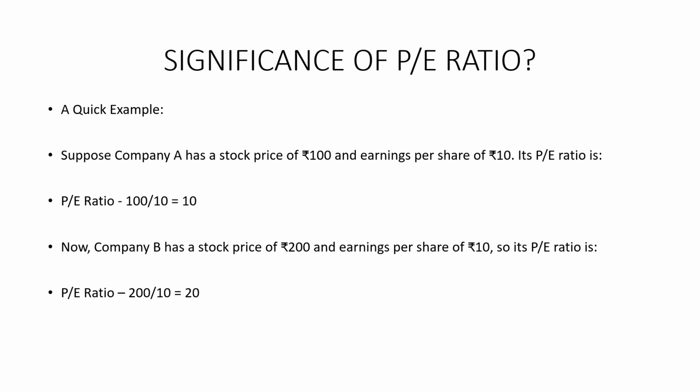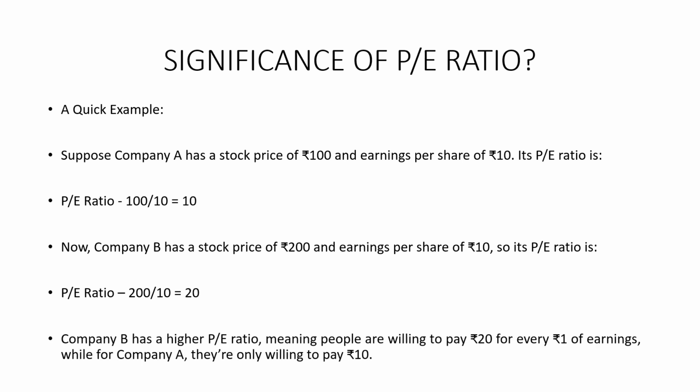So its PE ratio is 200 divided by 10, which is 20. So company B has a higher PE ratio, meaning people are willing to pay 20 rupees for every 1 rupee of earnings, while for company A they are only willing to pay 10 rupees. So now you're able to understand how to compare two different companies. Excellent.